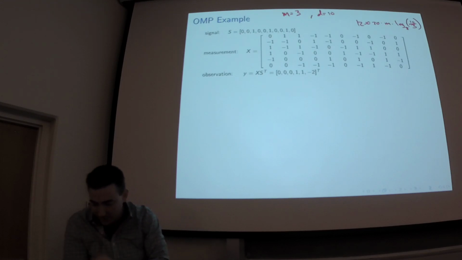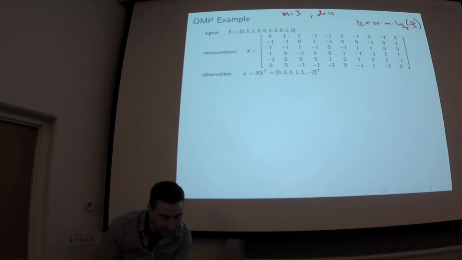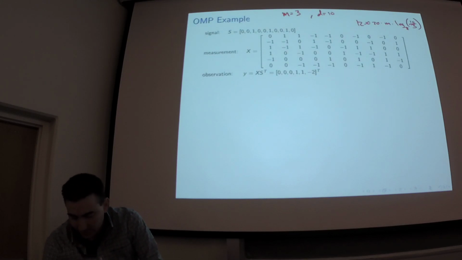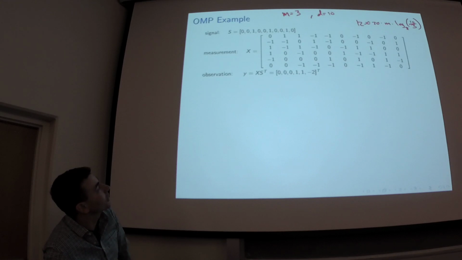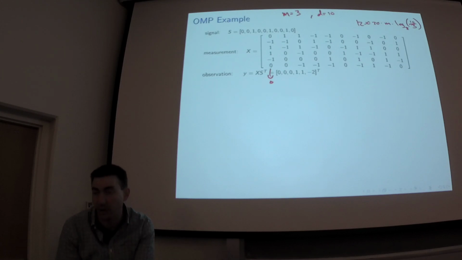Okay, I think I know in my notes what the right answer is. If I take the dot product with the first column, I get 0 plus 0 plus 0 plus 1 minus 1 plus 0. So this dot product is 0.